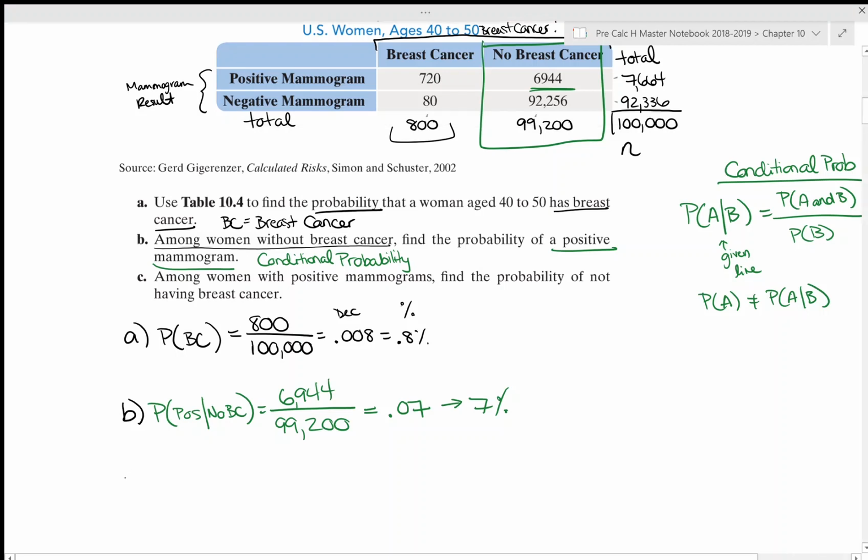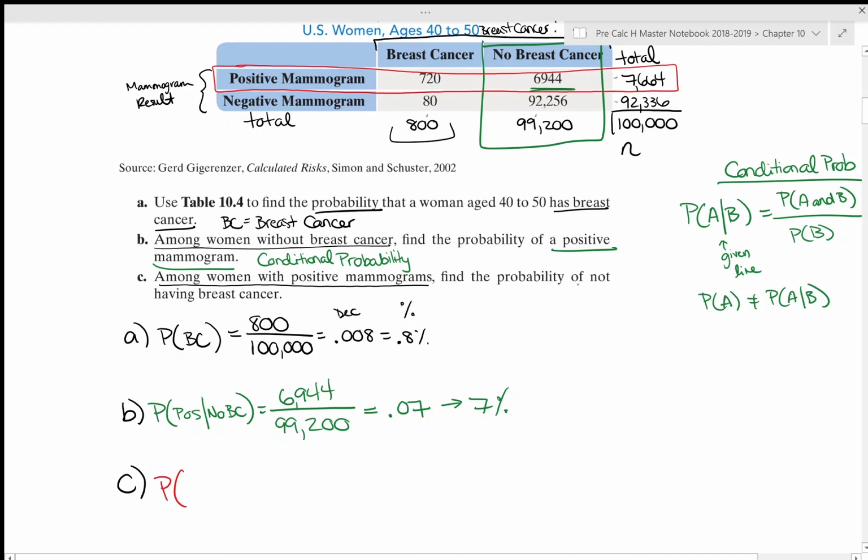Now, let's see, C. It says among the women with positive mammograms. So now we're looking just at positive, right? I have to include the total as well. So now my condition flips.